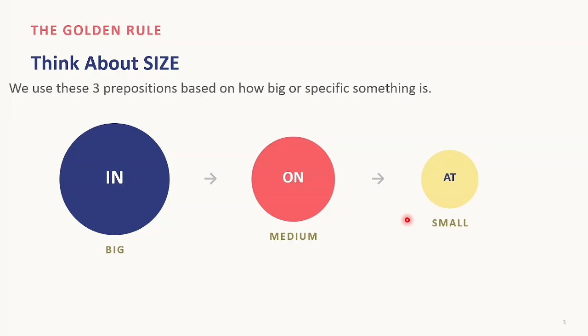So the example for place is a door, and for time, an exact time. We use at for the meeting, like the meeting starts at 8 a.m. or p.m. So remember that for big things we use in, for medium on, and for small and exact points we use at.